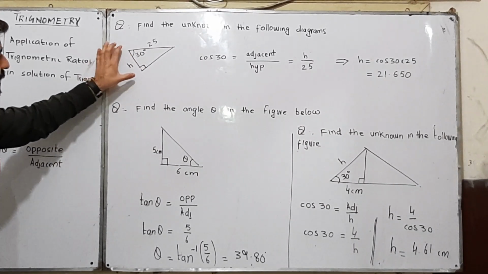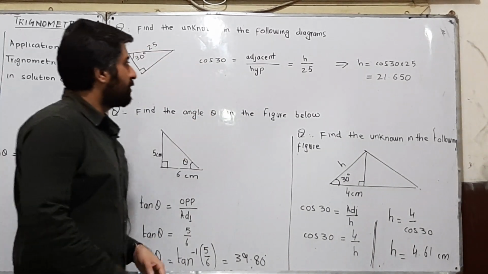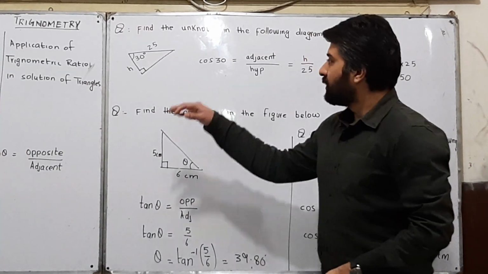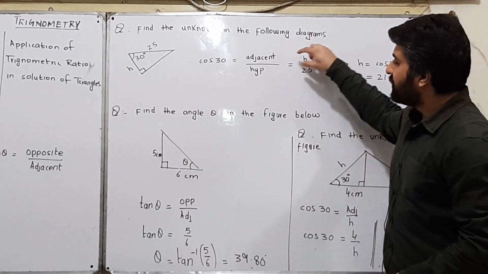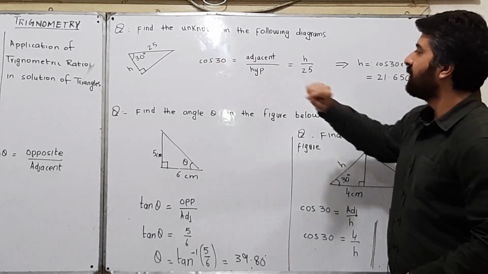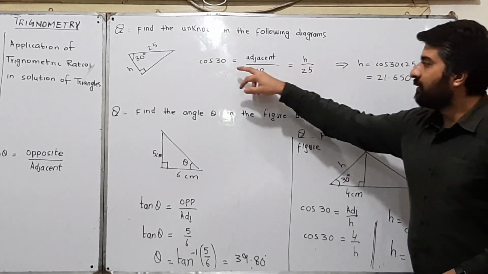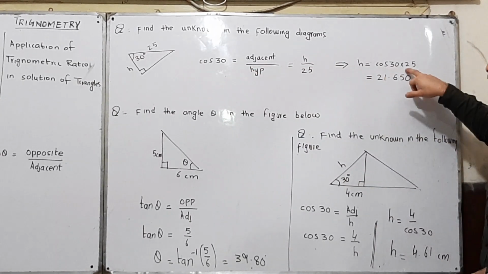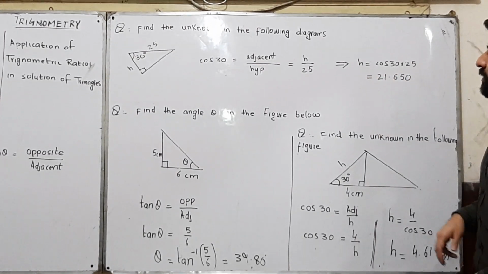Because we have to find adjacent and we know the hypotenuse, we are going to use cos 30. Cos 30 is adjacent over hypotenuse, and adjacent here is h while hypotenuse is 25 from the diagram. Now you can find the value of h. 25 will be multiplied with cos 30 and you will get 21.650 as the value of h.